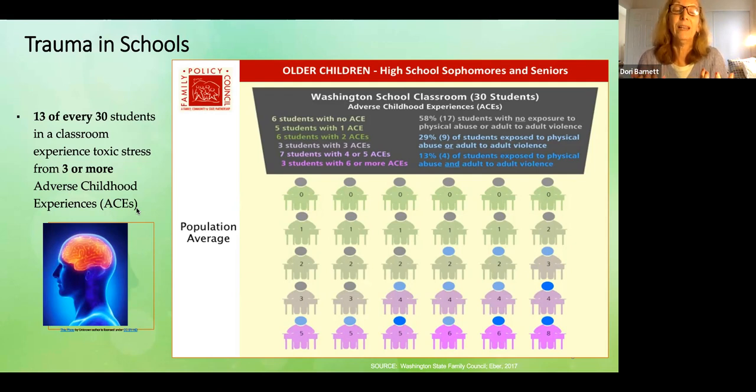And in combination, those experiences can have a significant impact on students' learning and development.